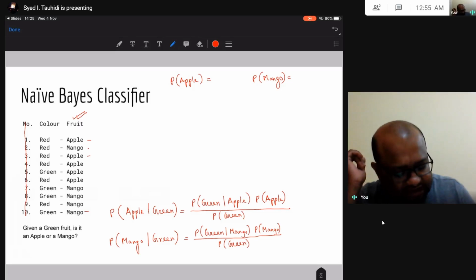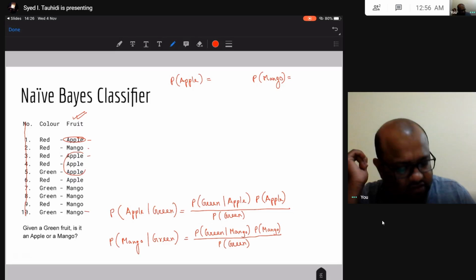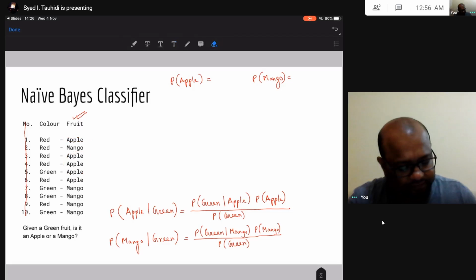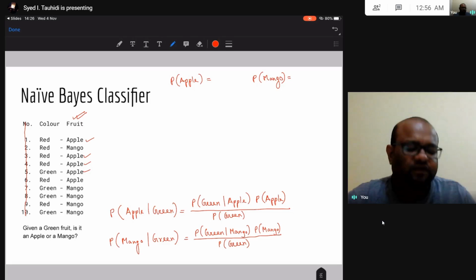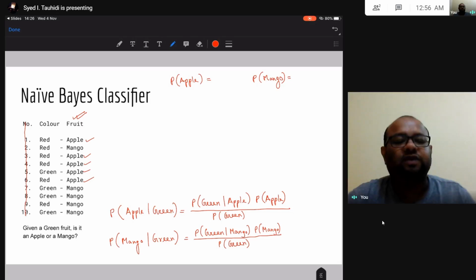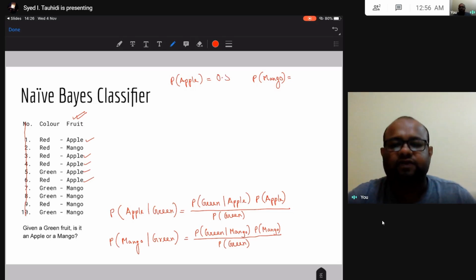Out of these 10 items, I see 1, 2, 3, 4, 5 apples. So out of 10, I have 5 apples, so my probability of the fruit being an apple is 0.5. That is 5 out of 10.